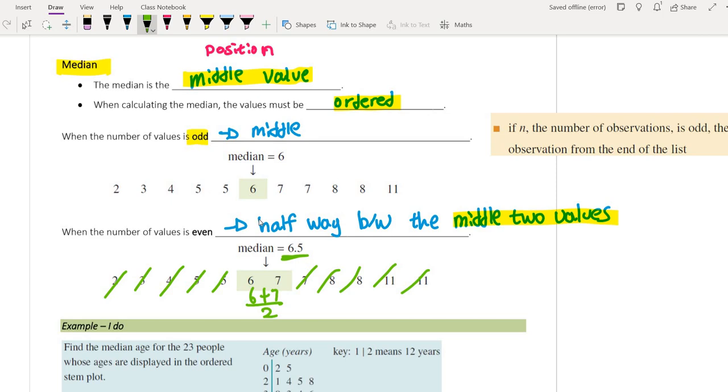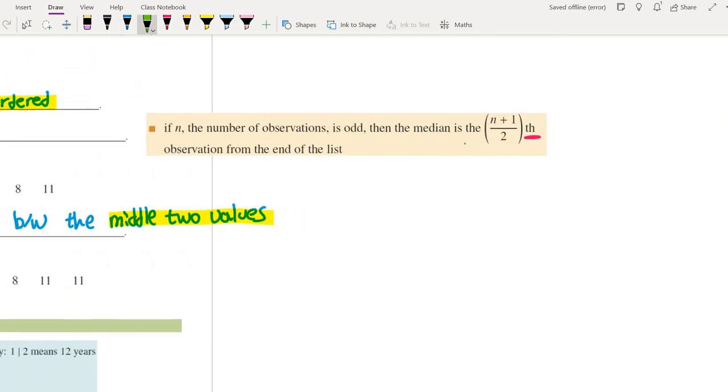Now, counting and crossing numbers out is good when the data is small. However, when data is really large, there are a lot of numbers to cross out. It does get a bit hideous, and we do want a more efficient way. So please add this to your booklet and your reference. Just follow this little formula here.